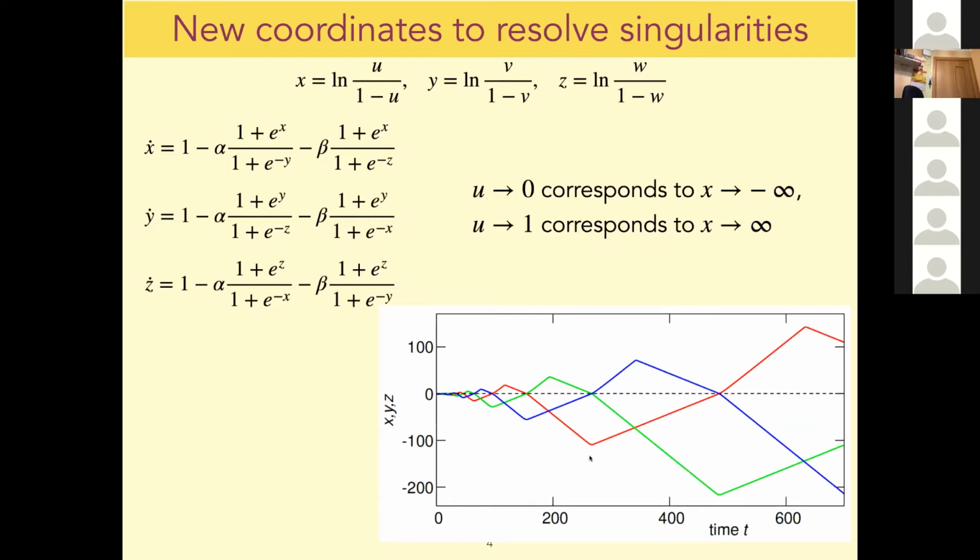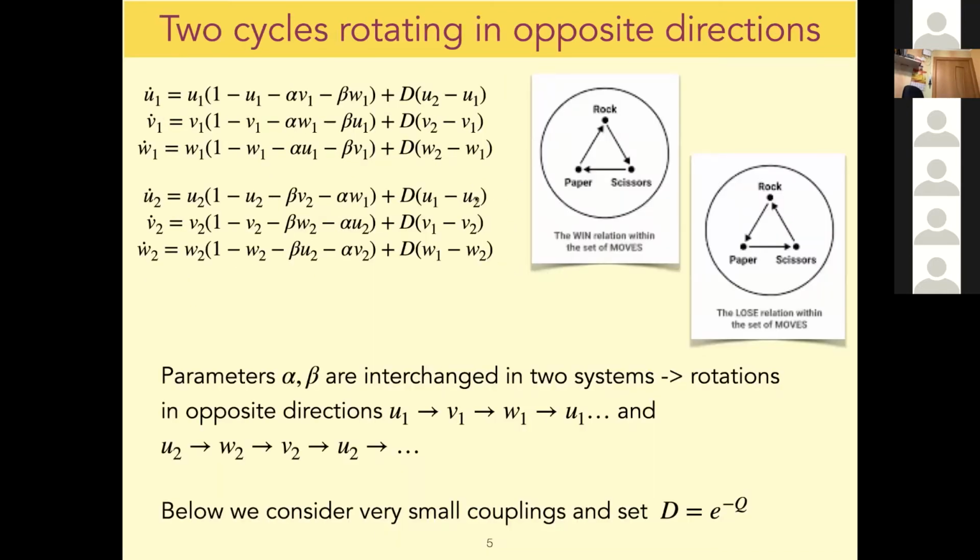Okay, so this is one heteroclinic cycle, and now we couple 2 such cycles, but to make things non-trivial, we take them rotating in opposite directions. Imagine that you have one cycle which goes like rock, paper, but in another cycle it rotates in the opposite direction.